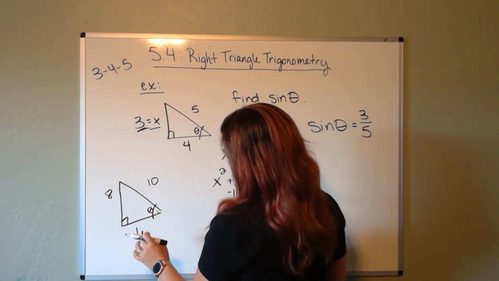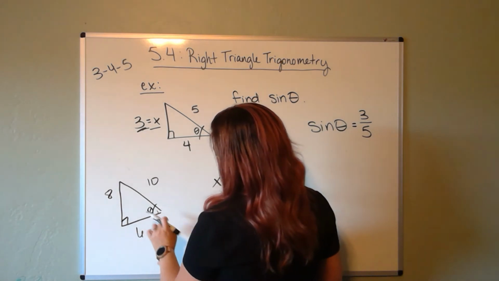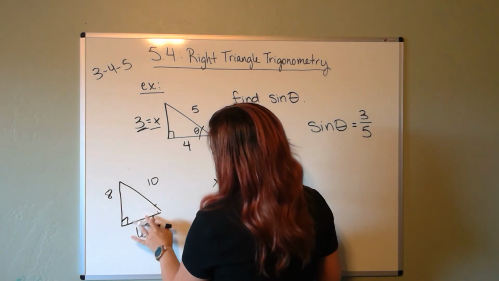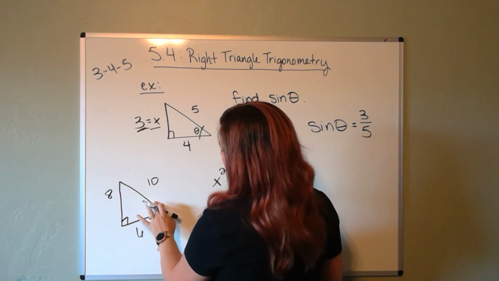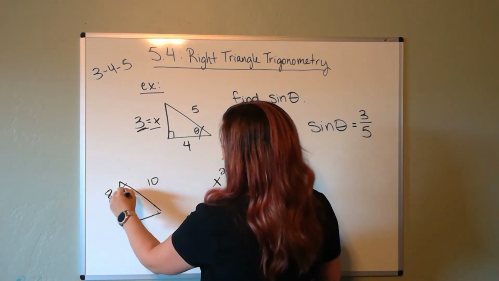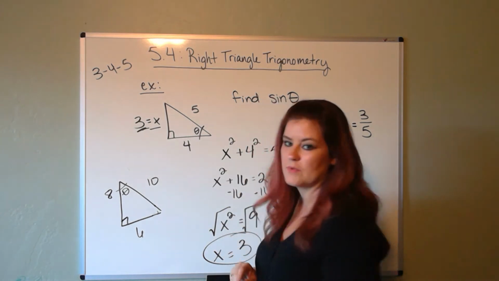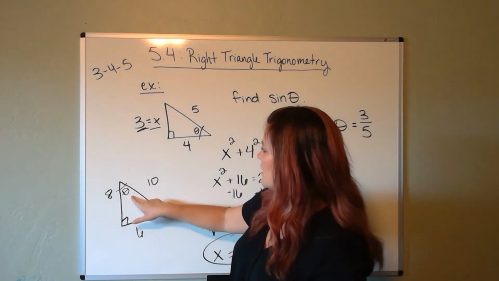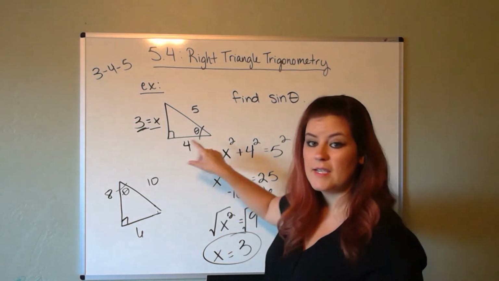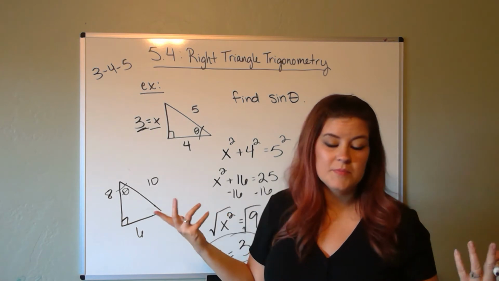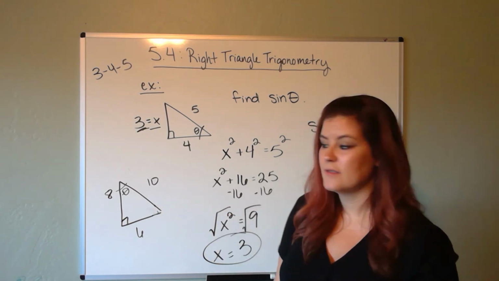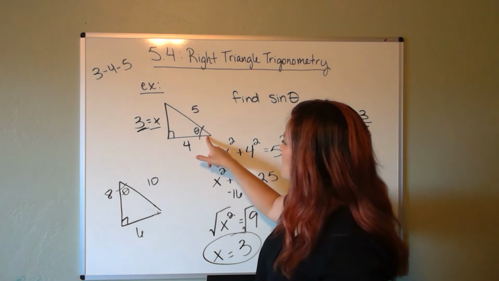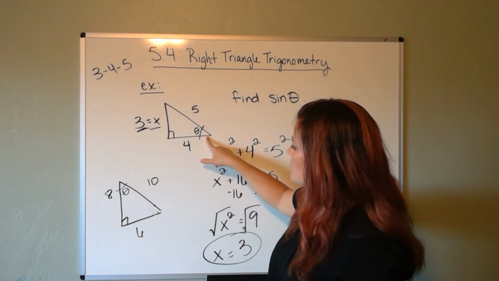Well, dang it. Hold on. I drew this triangle a little upside down. This would be the theta we were looking at. Notice this theta and this theta are the same. My triangles are flipped because that's how I decided to draw it. But the sine of this angle theta was 3/5.